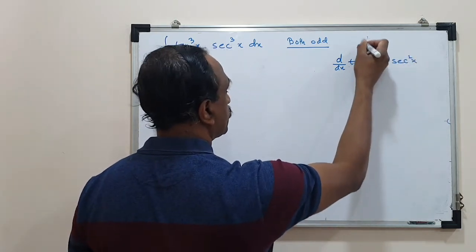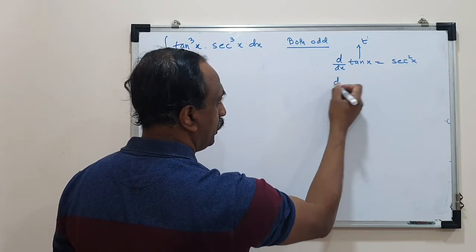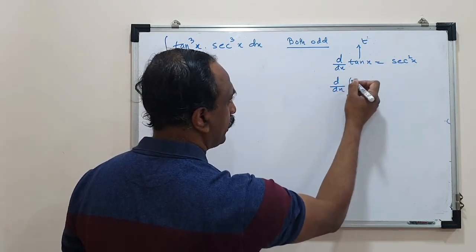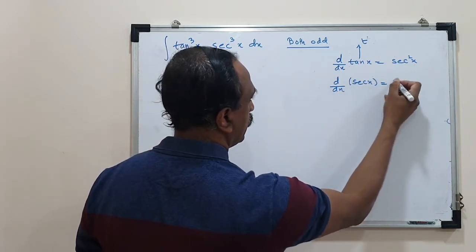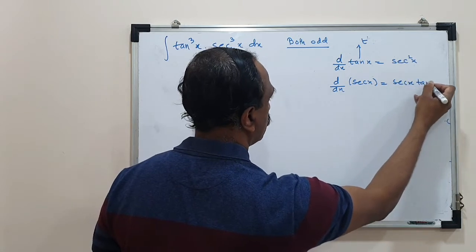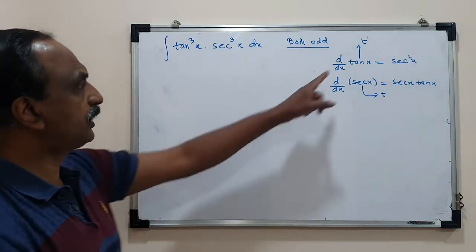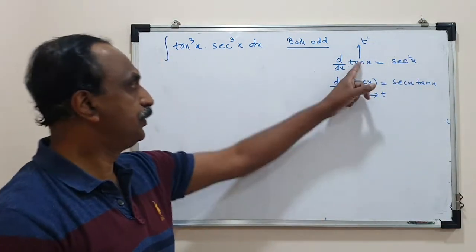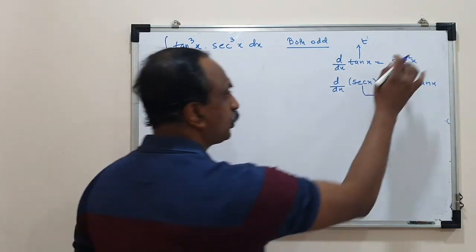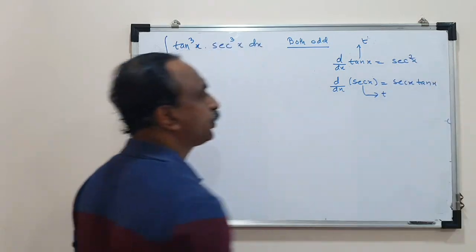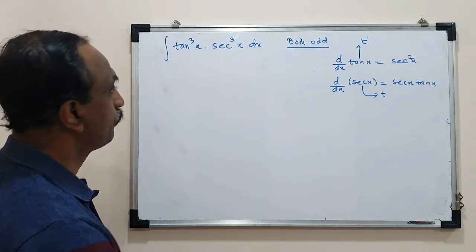So putting tan x as t is one method you can think of. Another is the derivative of sec x is sec x into tan x. You can think of this as t. So you have to do the trial and error to see which will be more suitable, whether to go for tan x as a substitution or sec x as a substitution.